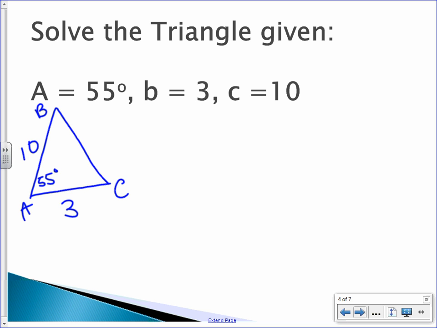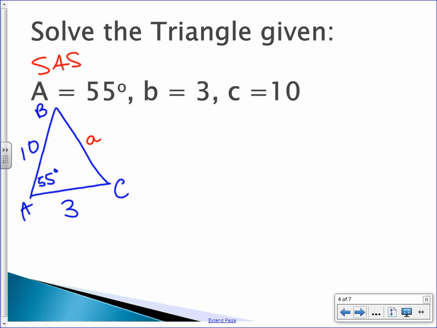Alright, so we know side angle side, which means we need to use the law of cosines. In the law of cosines, how many sides are used for the formula? Well, in the formula, all three sides are present, correct? So if I'm missing a side, that's the first thing that we need to find. Right?